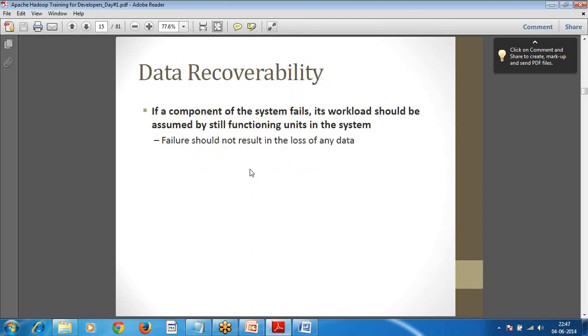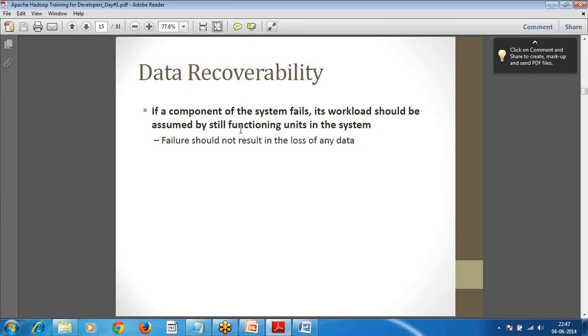Data recoverability. This is associated with partial failure. Suppose a particular system fails, and it was doing some amount of work at that time. The failure shouldn't result in any loss of data, because when that machine comes up, it should be in exactly the same state it was in before going down, so that there is no loss of data.